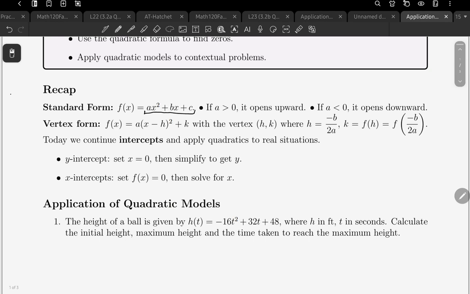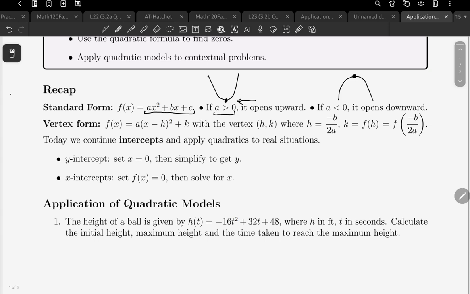We know that the graph of a quadratic function is always a parabola, but it opens upward if a is greater than 0, that is if a is positive, and it opens downward if a is negative. So it will have its vertex as a minimum when a is positive, and as a maximum when a is negative.